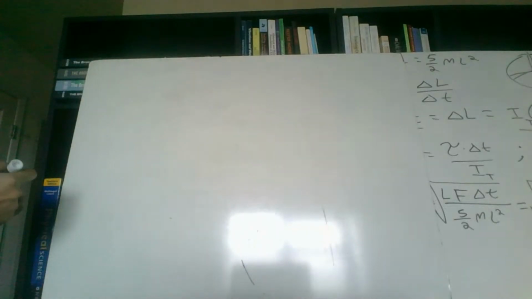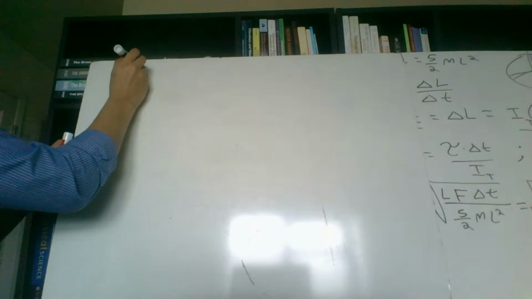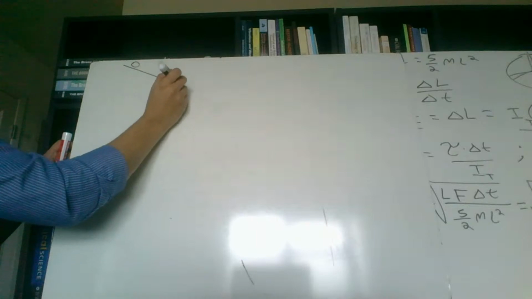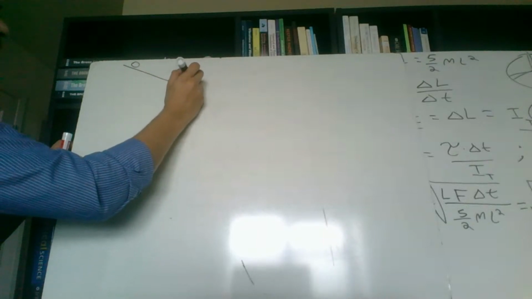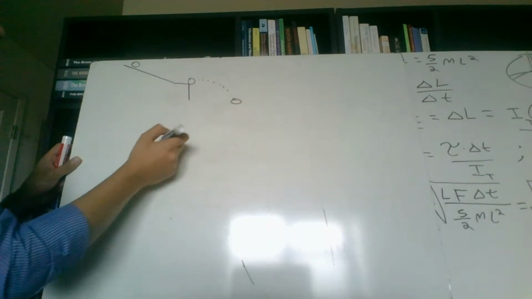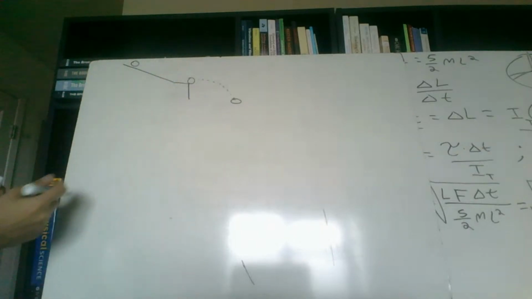So question 2, you've got a ball that's going to be rolling down. It's going to hit a flat part. And then from here, it's going to go some other distance right there. So it's going to go like that, and then fall down.